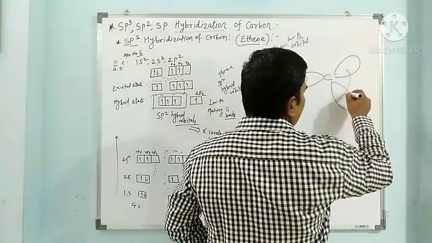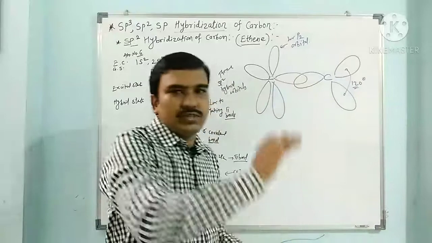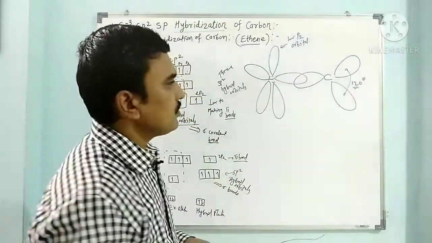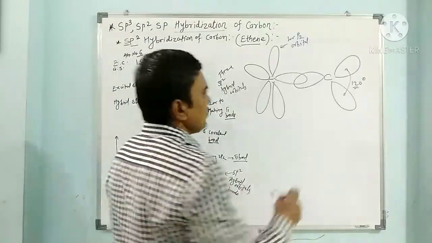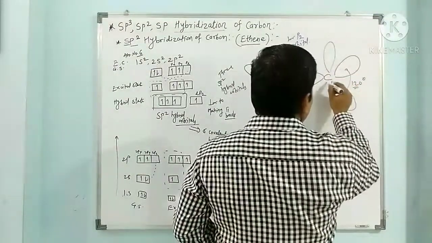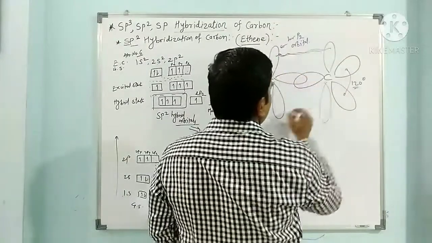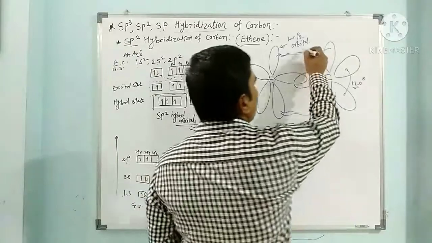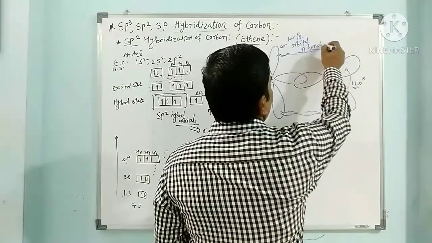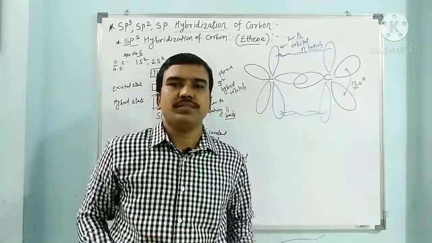The bond angle is 120 degrees, because only 3 orbitals are there in the total 360 degrees. It also has this perpendicular pz orbital, so it makes sidewise interactions and forms a pi bond between these two carbon atoms because of the lateral overlapping.